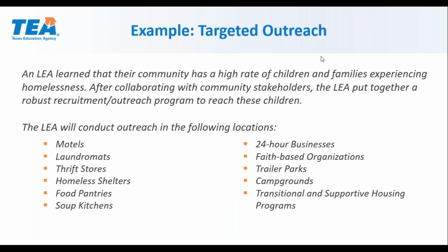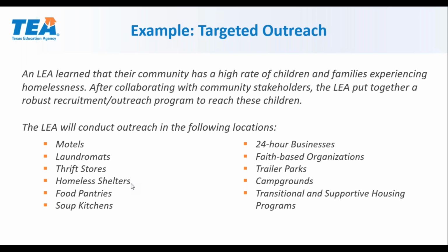So here's an example of targeted outreach. An LEA learned that their community has a high rate of children and families experiencing homelessness. After collaborating with community stakeholders, the LEA put together an outreach program to reach these children. For many of us, we know that for families experiencing homelessness, a good place to reach them might be a homeless shelter.